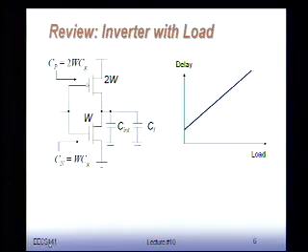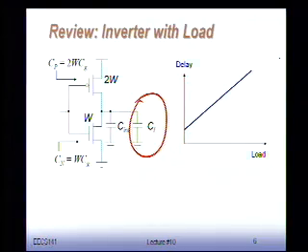If you look at the delay of an inverter of a certain size, and the size is determined by the width of the transistors, with a certain load capacitance, we see that the delay is a linear function of the load. If I increase this capacitance CL here, I will get a linear increase in the delay.